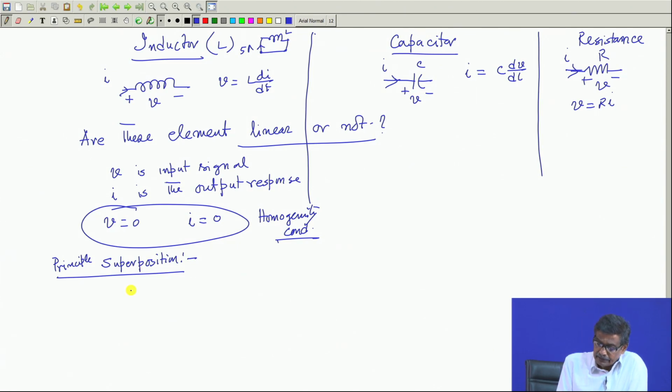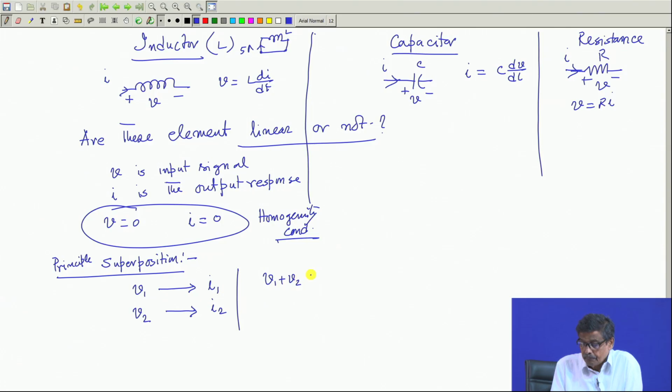It says that if you apply a voltage V 1 across the inductor and it gives a current of I 1, then if you apply a voltage of V 2 and separately it gives a current of I 2, V 1 V 2 are different, then superposition principle demands that when you apply V 1 plus V 2, the current in the circuit should be I 1 plus I 2.